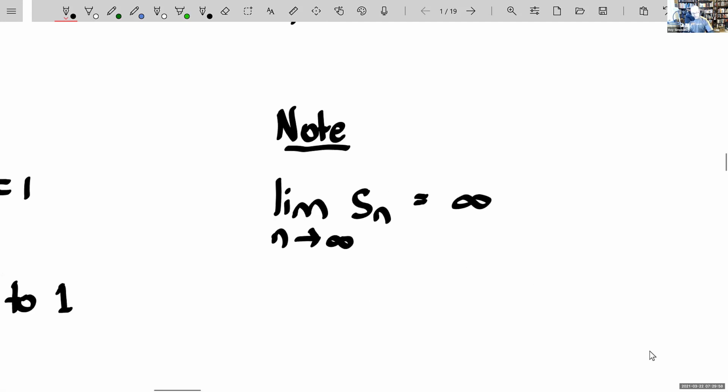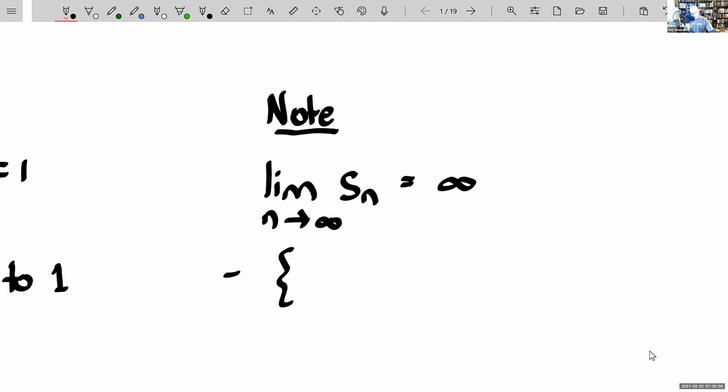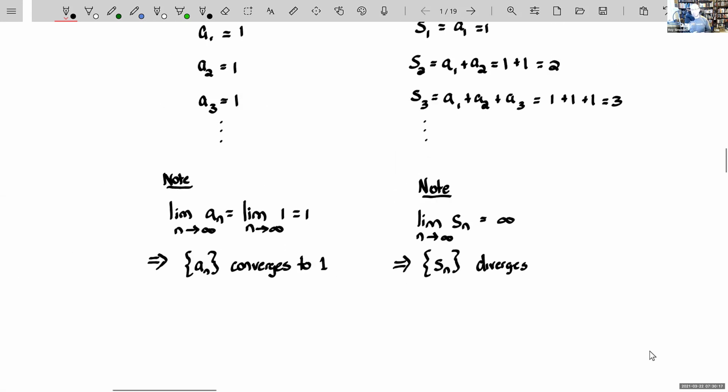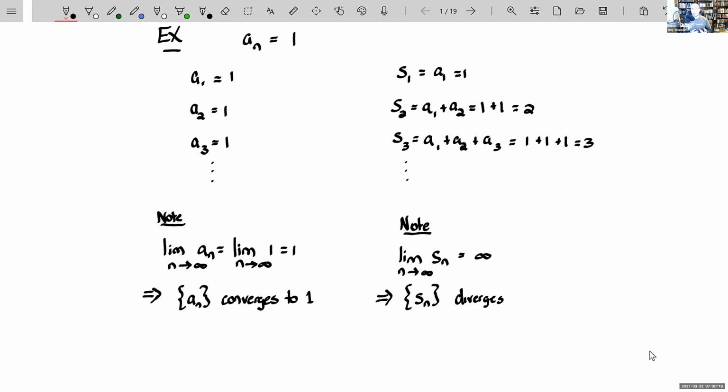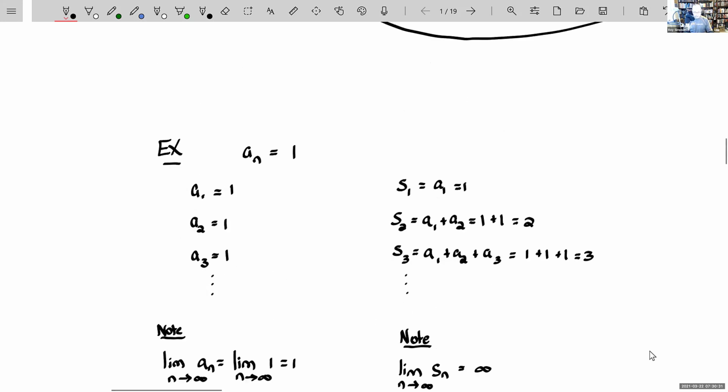In other words, these imply the sequence of partial sums diverges. Well, I hope that solidifies the idea of the difference between the base sequence and the sequence of partial sums. You can have a base sequence that converges, but a sequence of partial sums, as you can see here, that diverges.